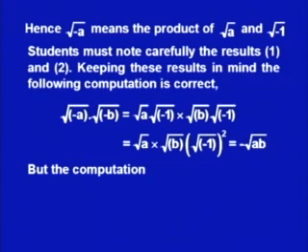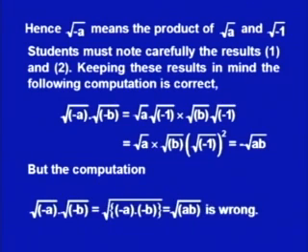But the computation √−a·√−b = √((−a)(−b)) = √(ab) is wrong.